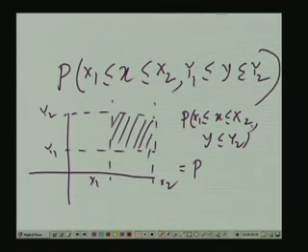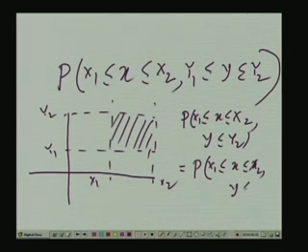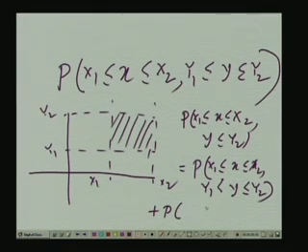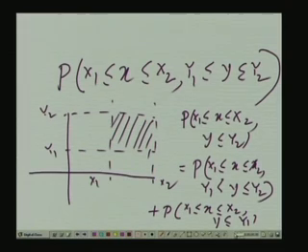One is this box, another is the box below. For the other case, y2 greater than y1, the first component remains as it is and y less than or equal to y1 obviously.